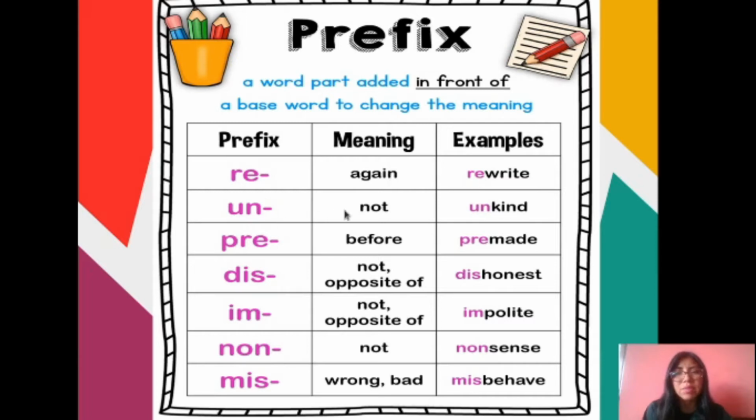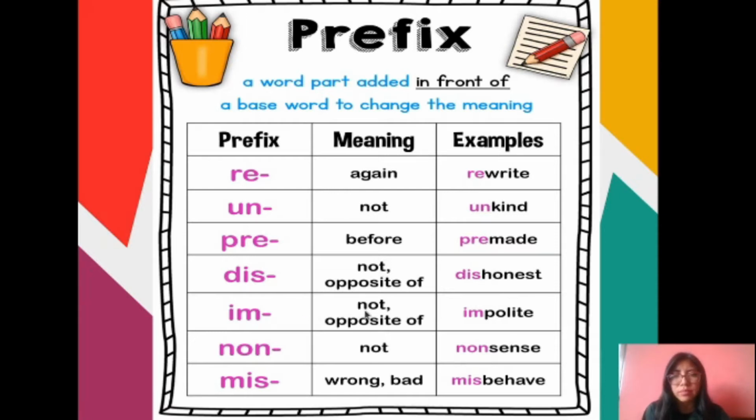And what is the meaning? Not. Kind and unkind, okay? Pre, before. Made, premade. Dis, the meaning is not or opposite of. Honest, dishonest, okay?